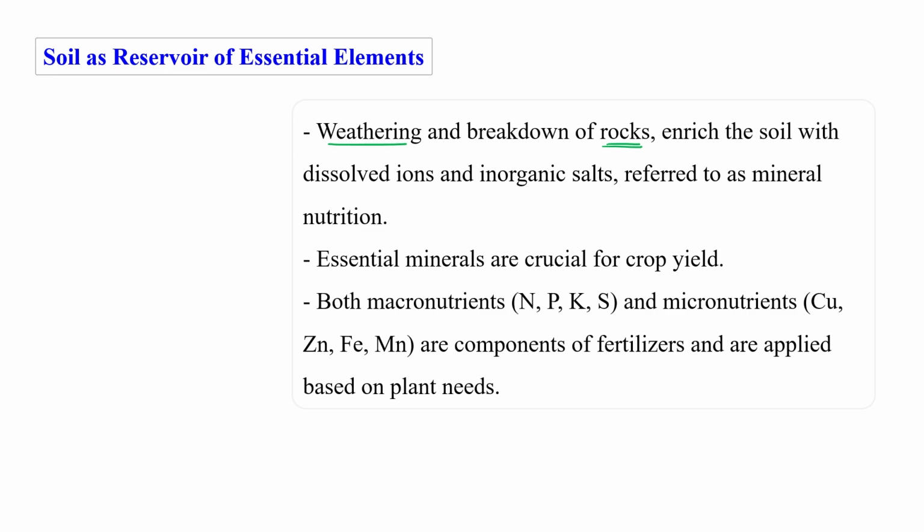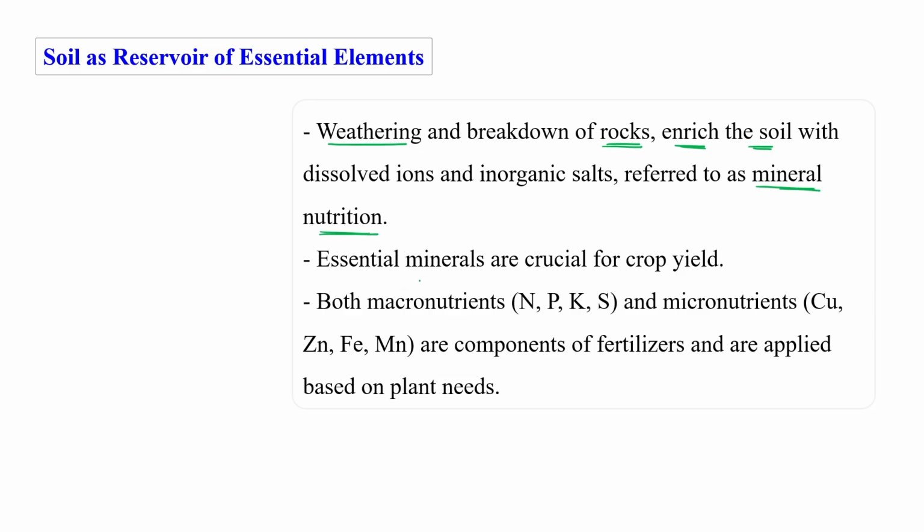This weathering process, or breakdown of rock, enriches the soil with dissolved ions or inorganic salts, which we further call mineral nutrients.